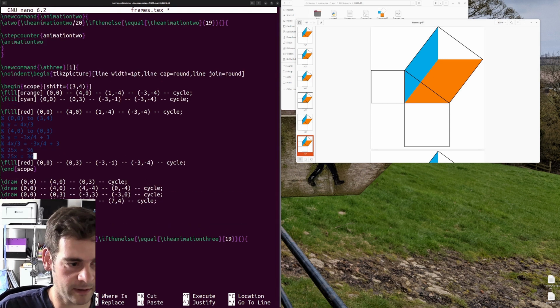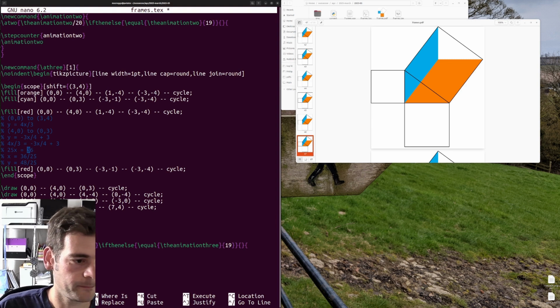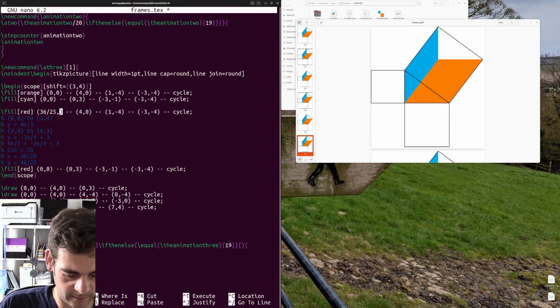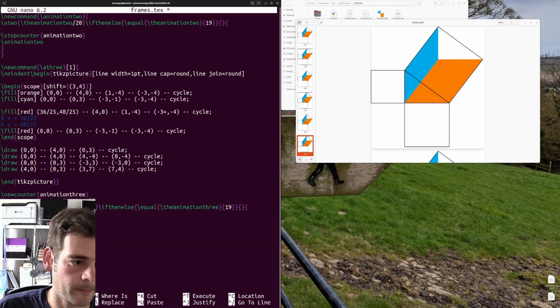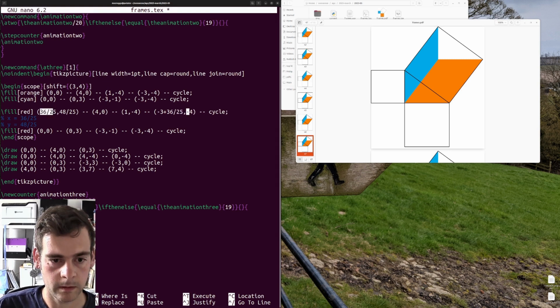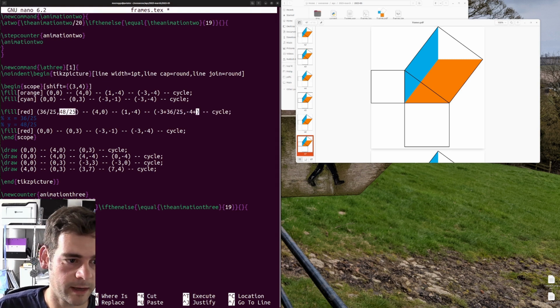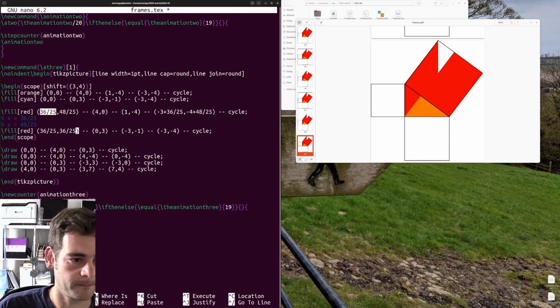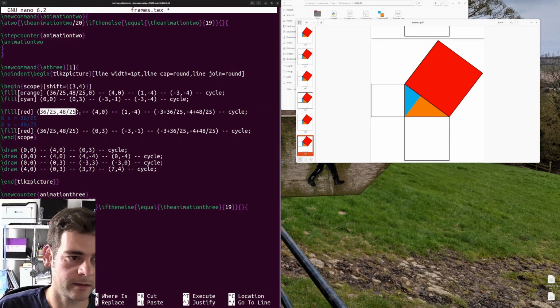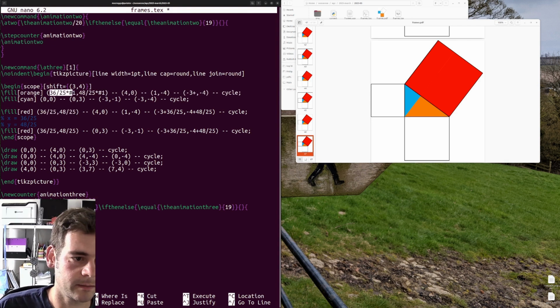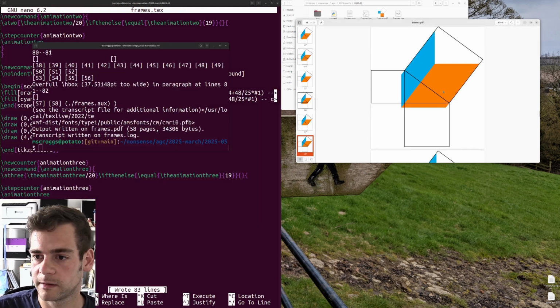X is 36 over 25. 36 over 25, and this is 48 over 25, this, plus that, values in, so these would be these times #1, plus this times #1, plus this times #1. Okay, I've typed a point wrong.